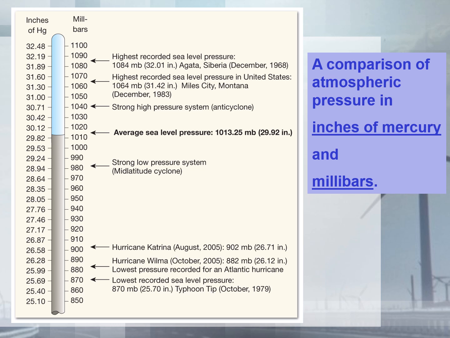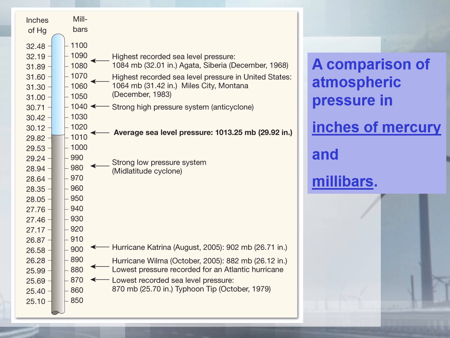Rita was that same year, but Rita is not on this graph. It didn't have super low pressure, I guess. And then the lowest, and this set of slides goes back about 10 years probably, the lowest recorded sea level pressure back then was Typhoon Tip back in October 1979. I wonder if we have beaten that record. I wouldn't be surprised.